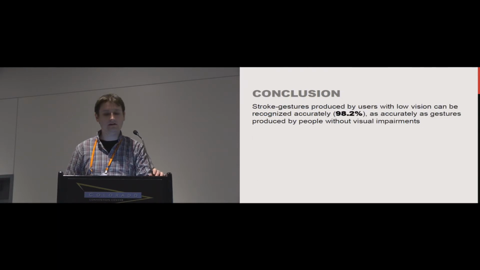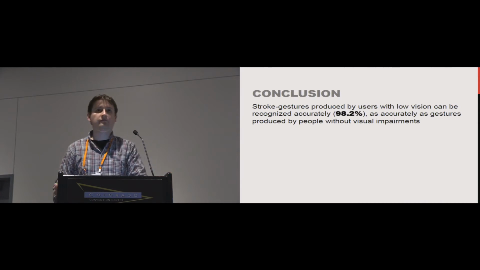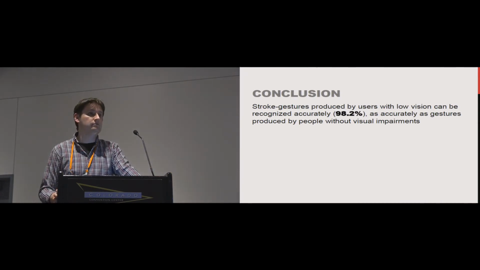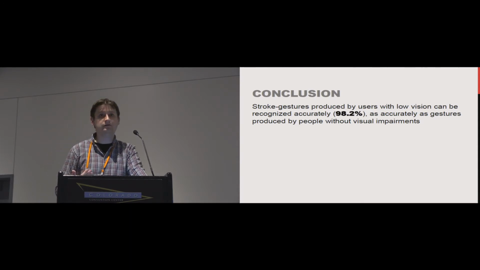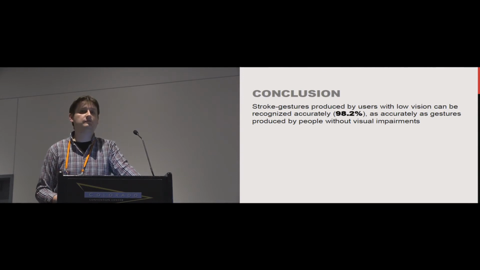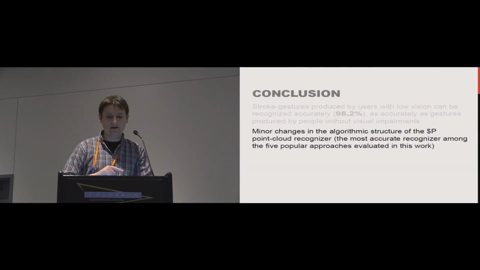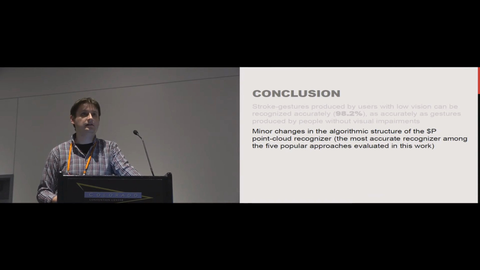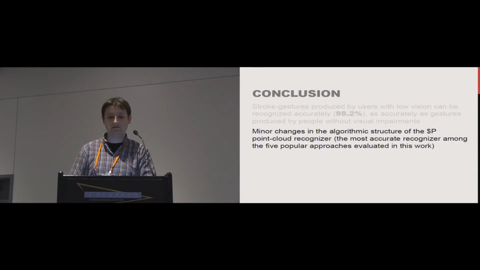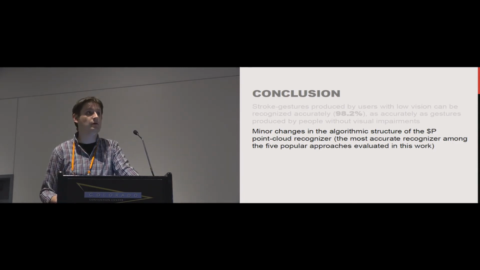Okay, so in conclusion, in this work I've shown that stroke gestures produced by people with low vision on touchscreen devices can be recognized as accurately as the same gesture types produced by people without visual impairments. I achieved this with minor changes in the algorithmic structure of the point cloud gesture recognizer, which was also the most accurate recognizer among all the 5 approaches evaluated in this work.